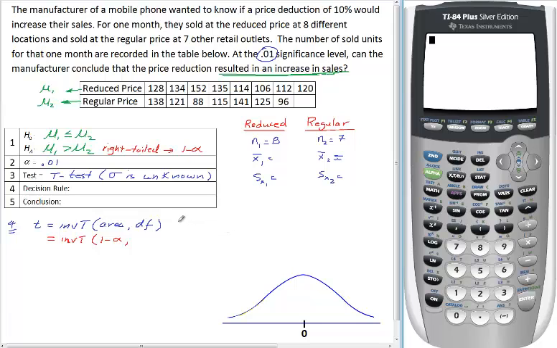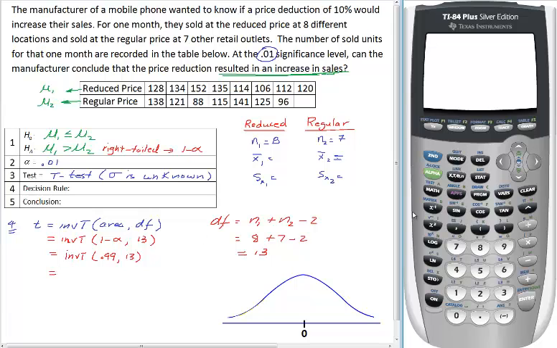In this case we can assume that they're equal, and therefore the degrees of freedom is n1 plus n2 minus 2, which of course is 8 plus 7 minus 2, or 13. So the degrees of freedom here is 13, and 1 minus alpha is 1 minus 0.01, which is 0.99, and 13.